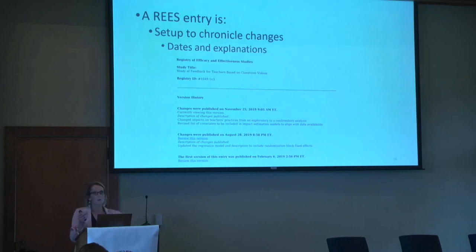So we ask not only for changes to the actual entry itself, but for a brief narrative description of what those changes are, so that somebody could quickly figure out what happened or why folks were updating. You can see their description, and on the top one here, this is their final version. But all of the versions are available. The most recent version is going to be the one that comes up first.